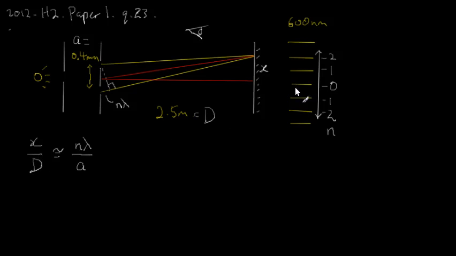So if we take n to be 5, what are we actually calculating? We're actually calculating the 5th fringe, aren't we? Meaning if this is 2, then that's 3, and then that's another one, 4, and that's another one, 5. If I take n to be 5, I'm really calculating from this fringe, the 5th fringe, to the center fringe. I'm really calculating this distance.